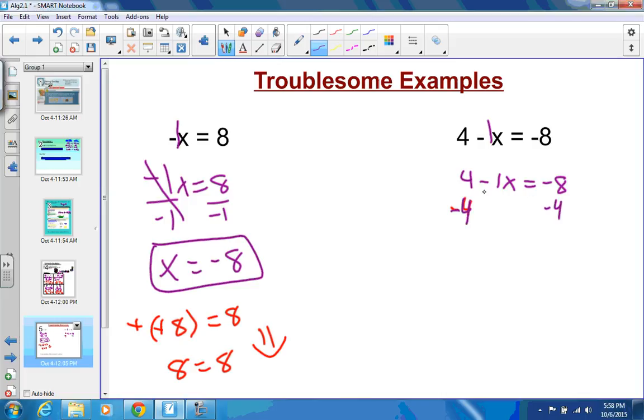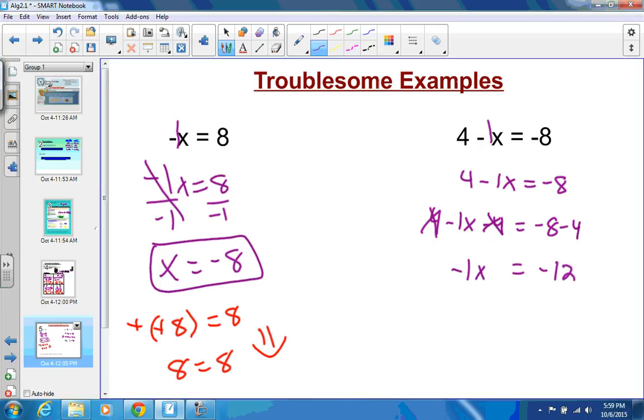And if you prefer to rewrite it, which I'm going to do, like this. So 4 minus 1x minus 4 equals negative 8 minus 4. Negative 8 minus 4 is going to be negative 12. And this is where you have a positive 4 minus 4. Those cancel out. And you still have that minus 1x though.